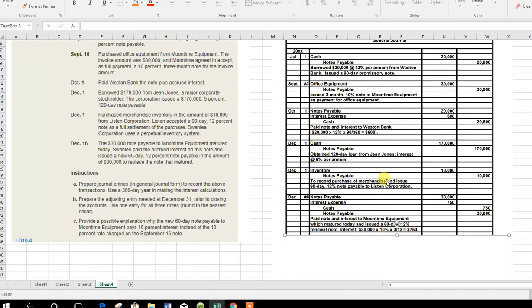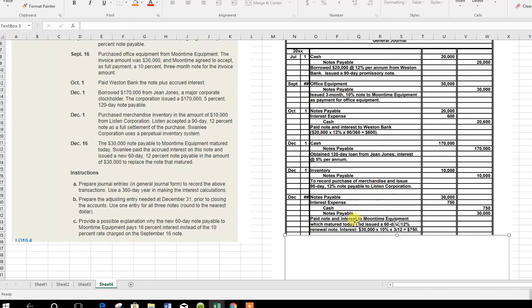So principal times rate times time, 170,000 times 0.05 times 1 divided by 12 is 708. This one is also for 1 month from December 1st. So I have principal of 10,000 times rate of 12% times time of 1/12, and that one totals $100.